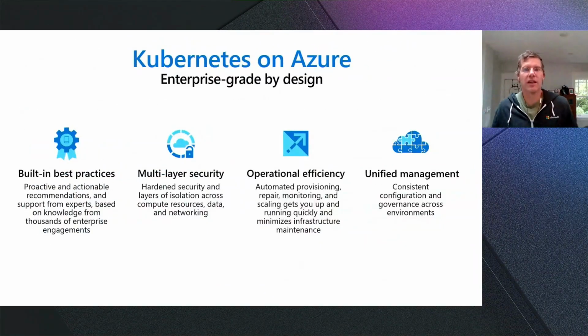I think this really kind of shows you in a nutshell what this enterprise-grade design means. From built-in best practices, which allow you to know exactly how to get started, especially if you're early to Kubernetes, all of the different pieces of security from container security all the way down through network DDoS protection, a bunch of things that allow you to get up and going quickly if this is your first foray into cloud-native development.